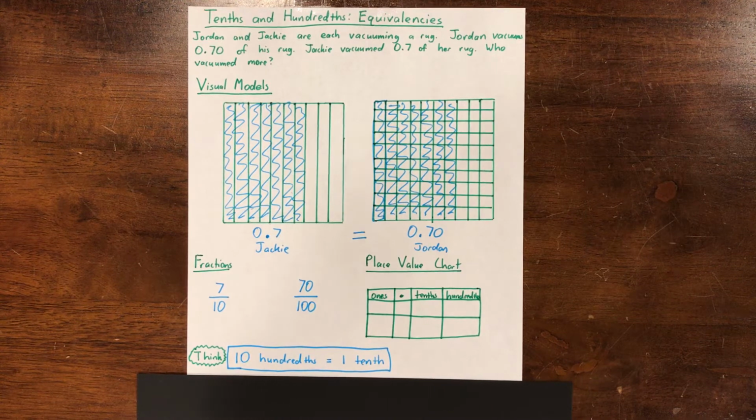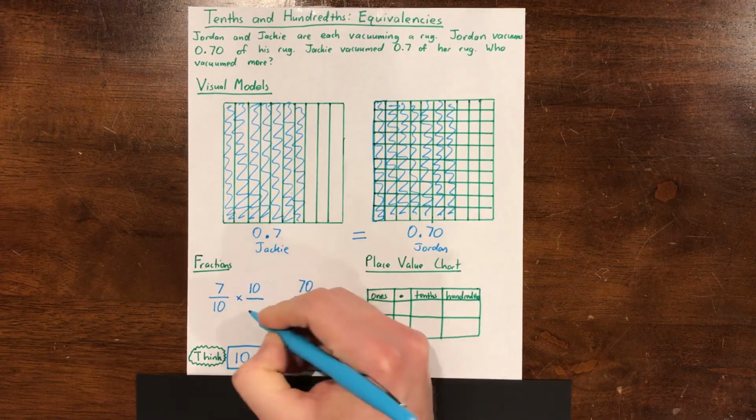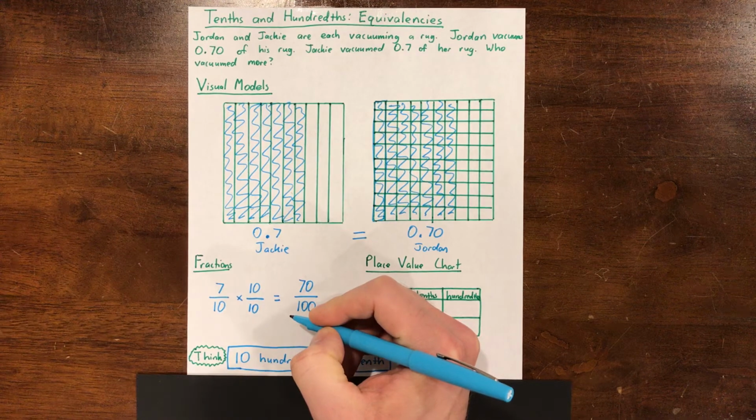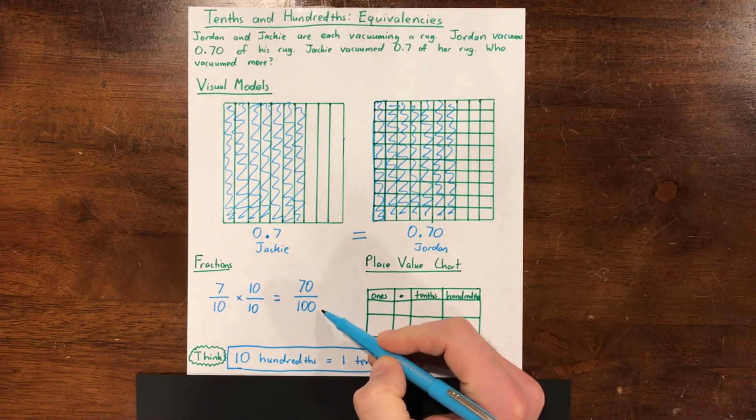We know that if we multiply the numerator and the denominator of a fraction by the same number, we get an equivalent fraction. So we can take 7 tenths and multiply the numerator and denominator by 10. And that will give us the equivalent fraction of 70 hundredths.